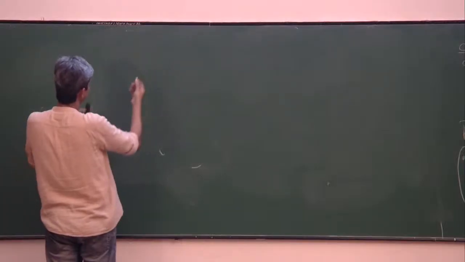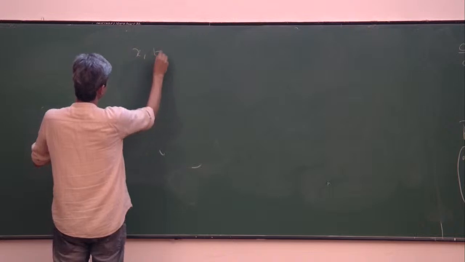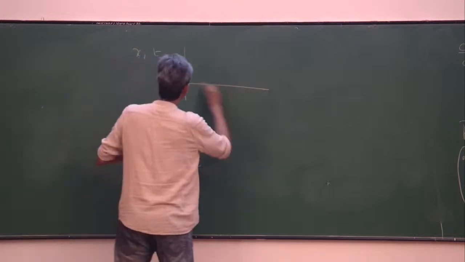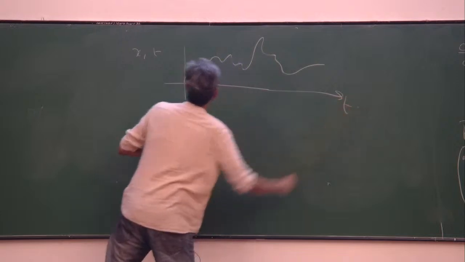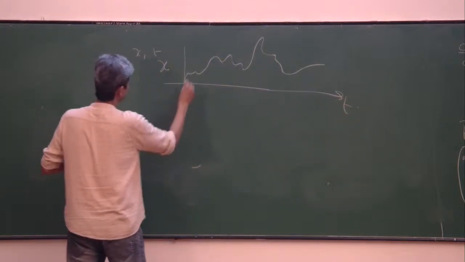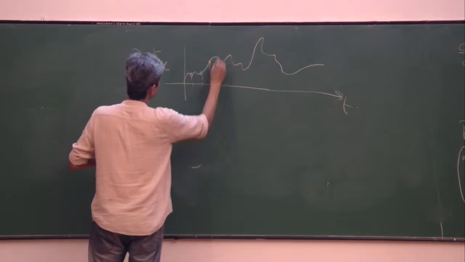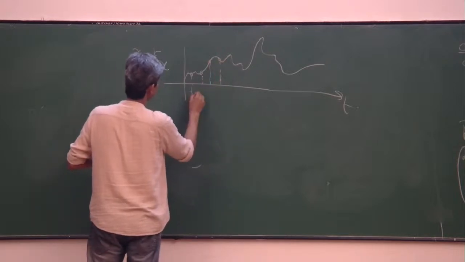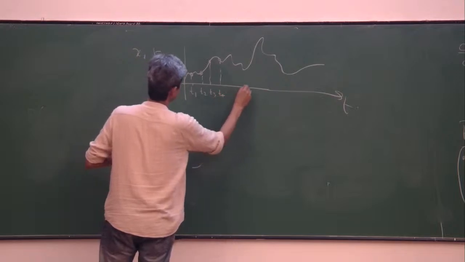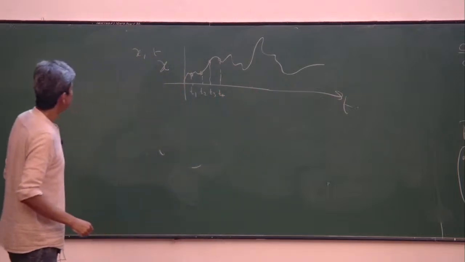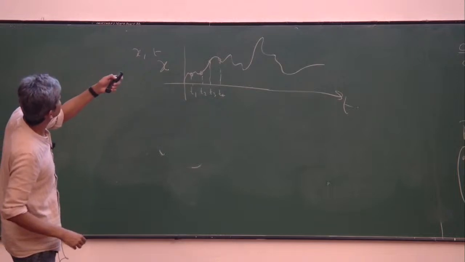Suppose you recorded only one position, the x position, as a function of time. So this is some trajectory as a function of time. And you know the different values at different times, T1, T2, T3, T4, and so on.